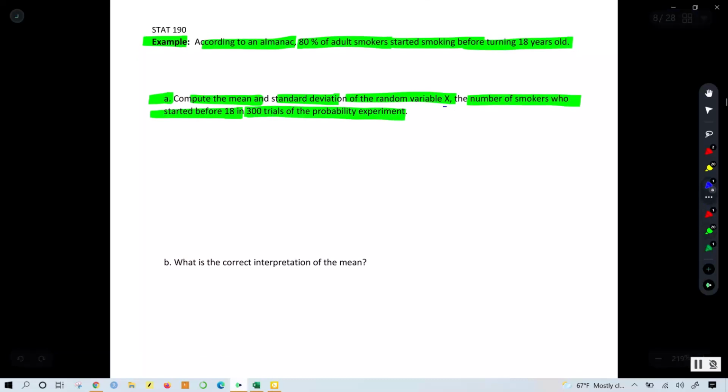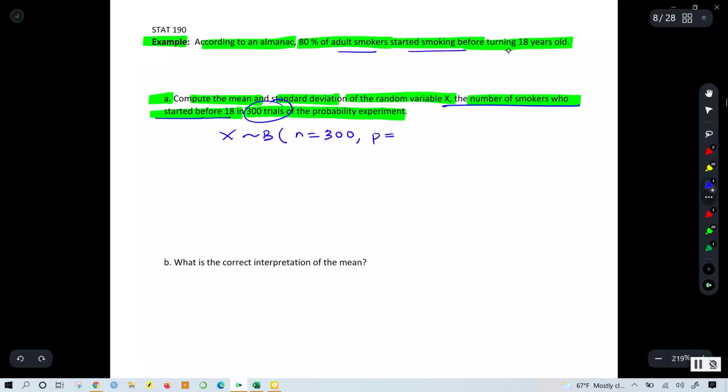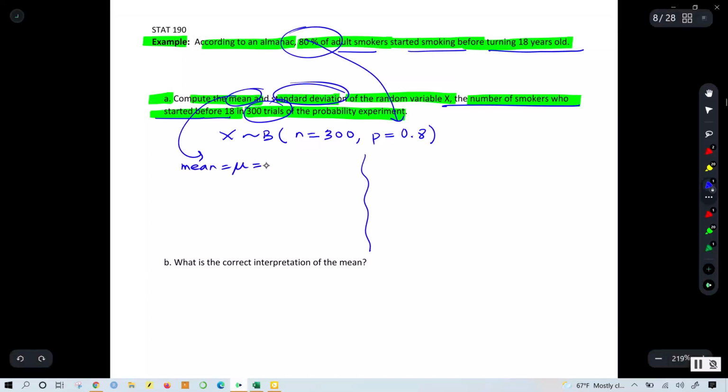So, as it stands, our x would be a binomial experiment where the number of trials is fixed at 300 and the probability that an adult smoker started smoking before turning 18 is 0.8. So, to compute the mean and standard deviation, we deploy the formulas for computing the mean of a binomial random variable, which is np. That will be 300 multiplied by 0.8, which gives 240.